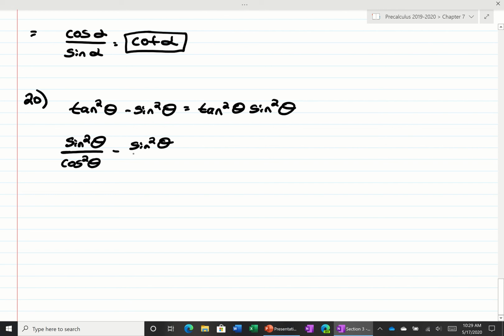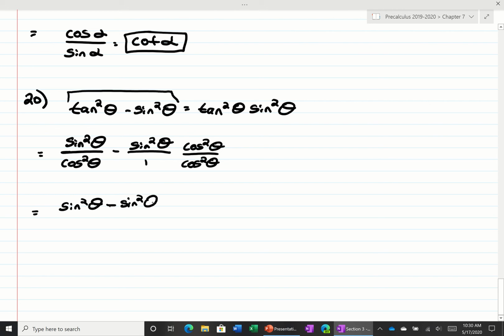Common denominator would be cosine squared, so I'd have to multiply top and bottom here by cosine squared of theta. And this turns into sine squared of theta minus sine squared theta cosine squared theta all over cosine squared theta.